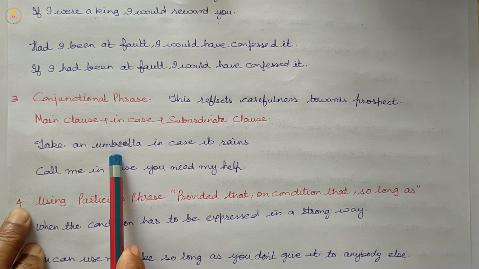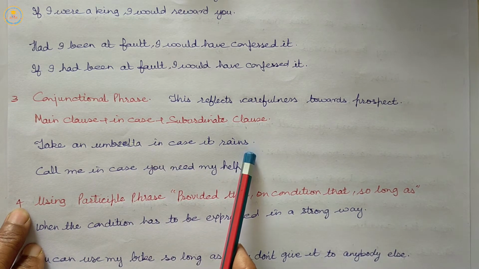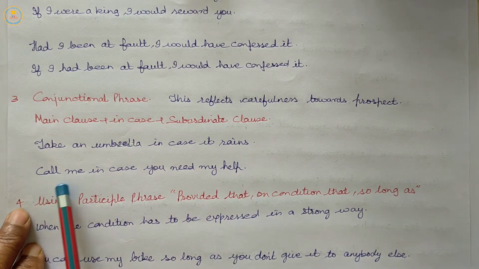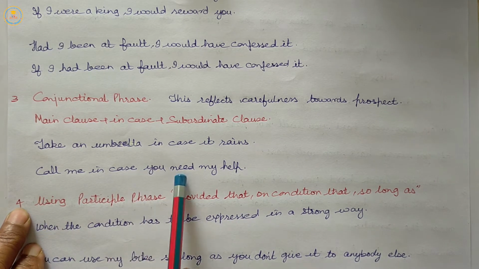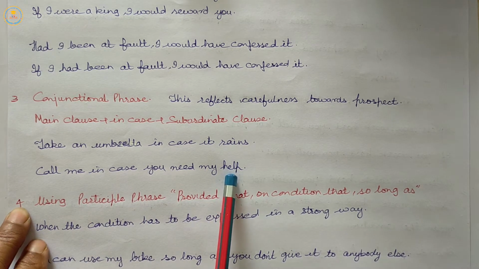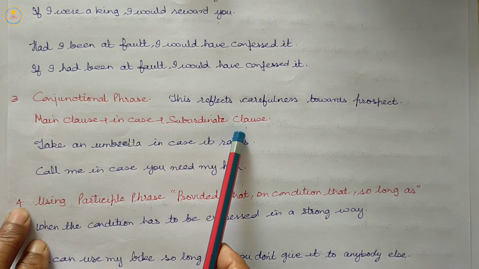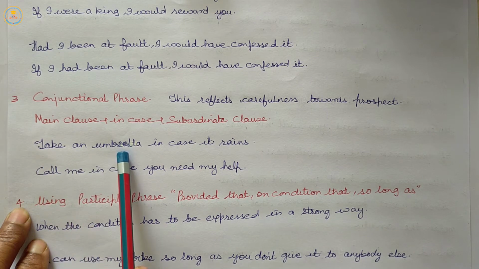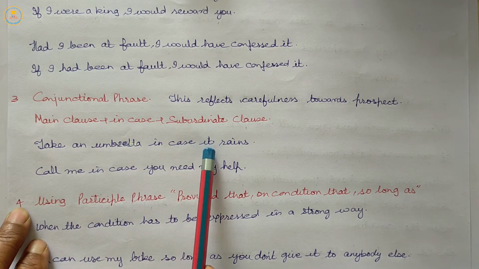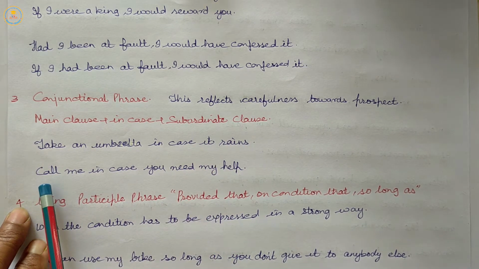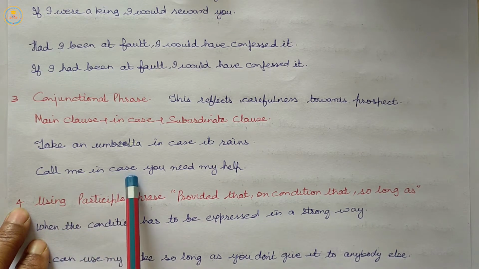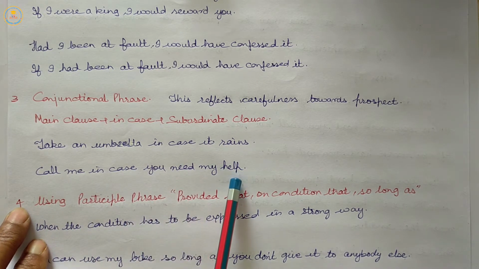Take an umbrella in case it rains. Call me in case you need my help. Listen. Main clause plus in case plus subordinate clause. Take an umbrella in case it rains. Call me in case you need my help.